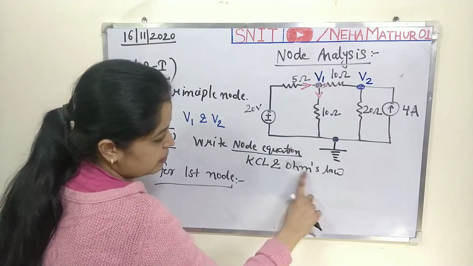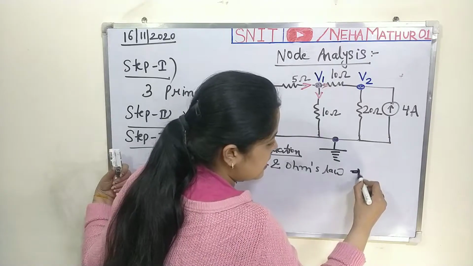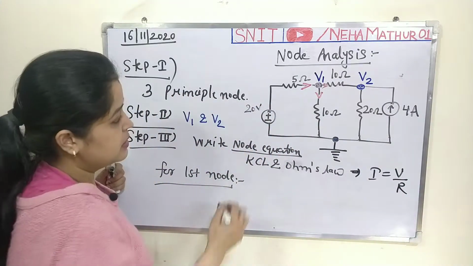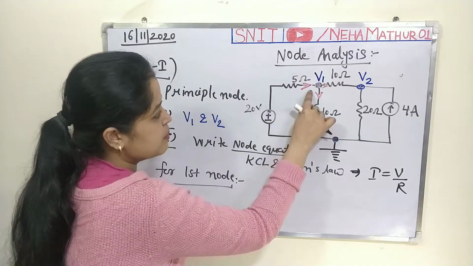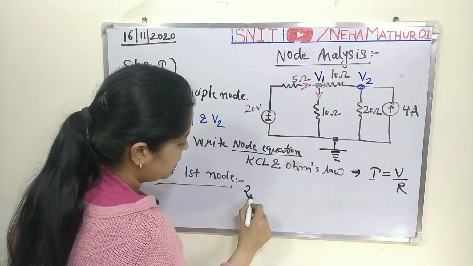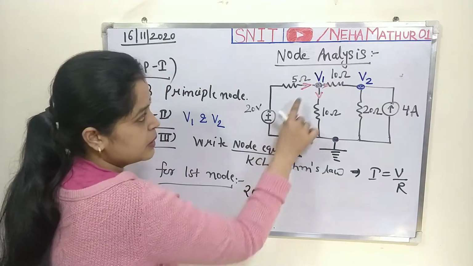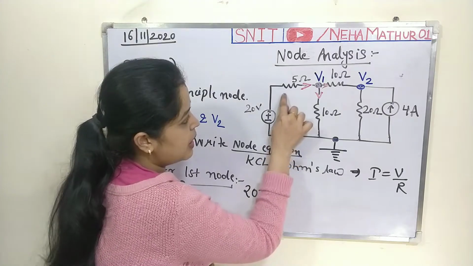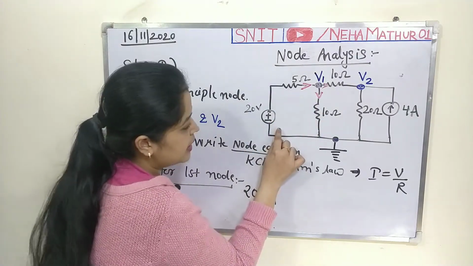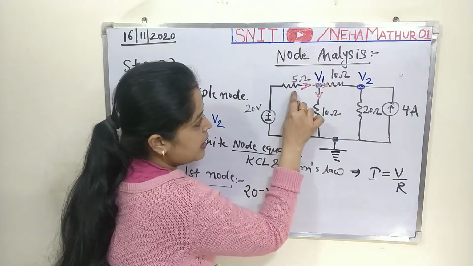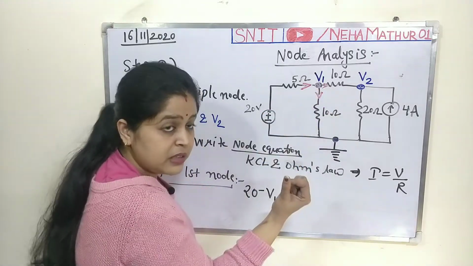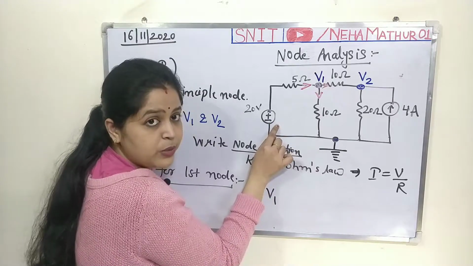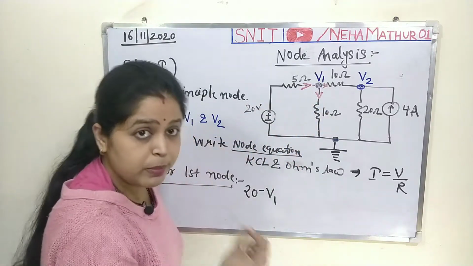Now by following Ohm's law you can say that I is always equal to V by R. That means the current is coming from this point. The voltage will be 20 minus V1, because for this branch, since the current starts from here and ends at this point, out of these 2 points the higher potential value is 20, while V1 is at lower potential.